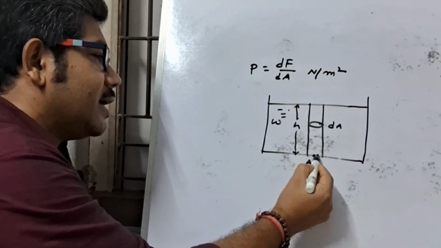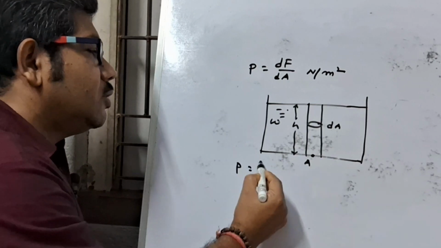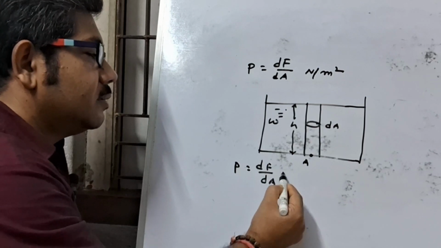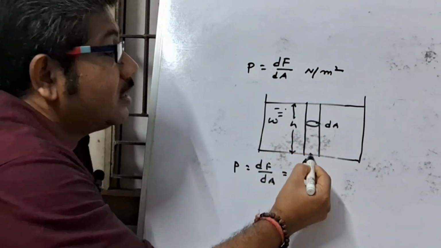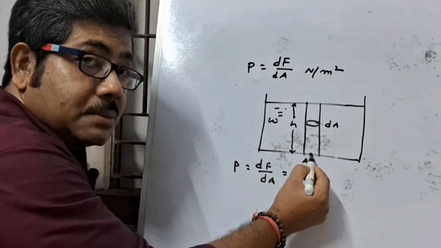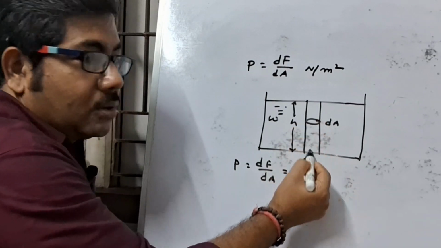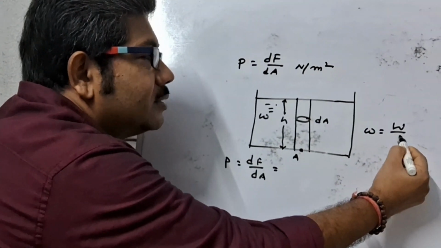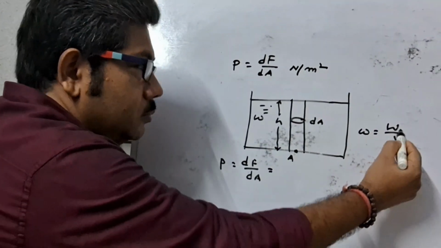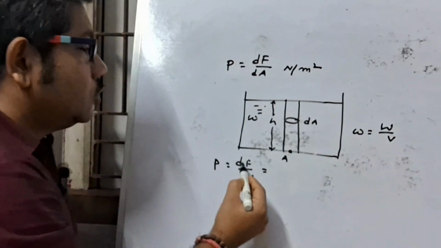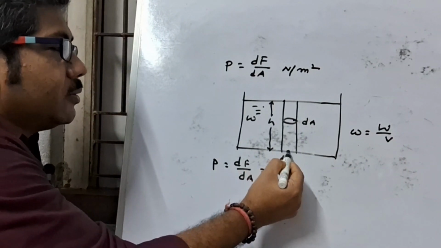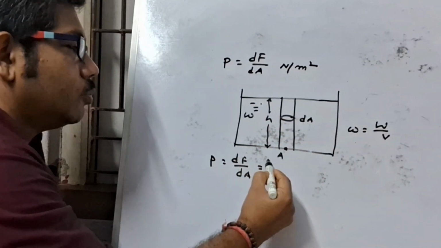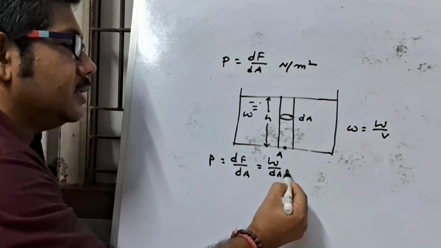So pressure at this point P equal to, we know that this is dF by dA, force per area, but here the force applied on this point is the weight of the water column. We know that specific weight equal to weight per unit volume, so W equal to omega V. So here dF, force applied on the body, that means point, equal to weight of the cylindrical column, that means W by dA.